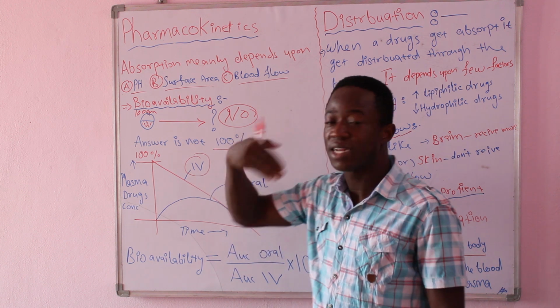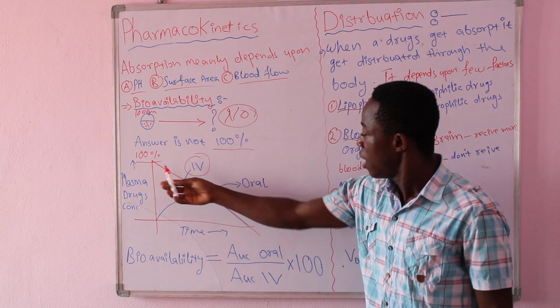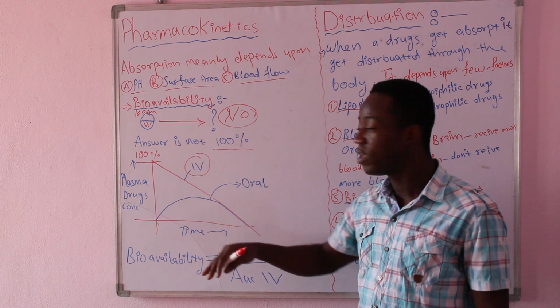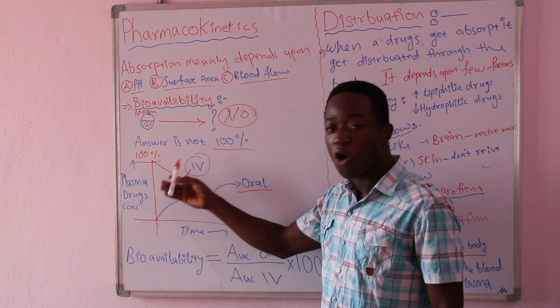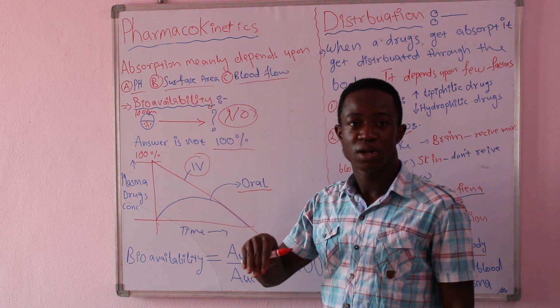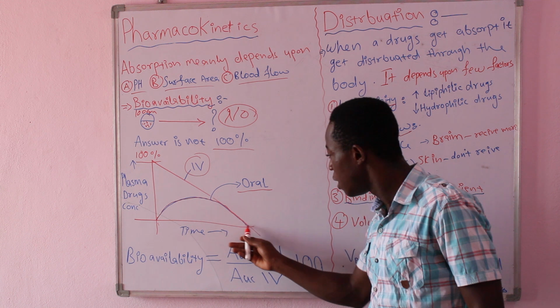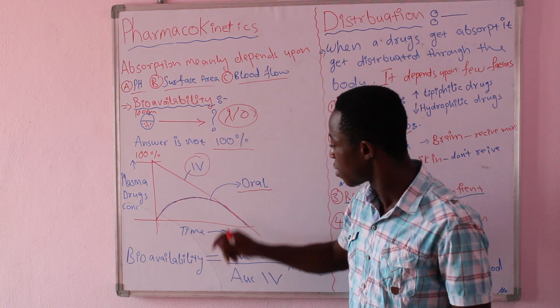It's directly injected into the bloodstream, so the bioavailability will be 100. If the drug is given orally, some of the drug will be absorbed, so there will be a curve in the bioavailability curve.